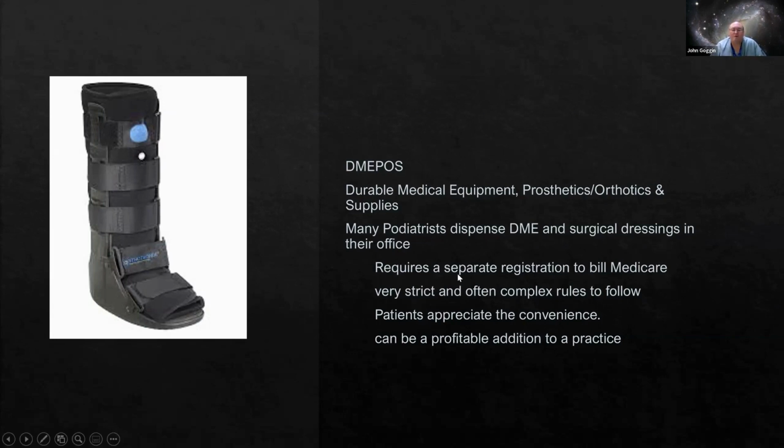It does require separate registration with Medicare to get a durable medical equipment number. There are very strict and complex rules. The application process is a little bit draconian, but it definitely is worthwhile to do if you're in a private office setting, just to have the convenience of giving your patients things they need, and it can generate some revenue as well.